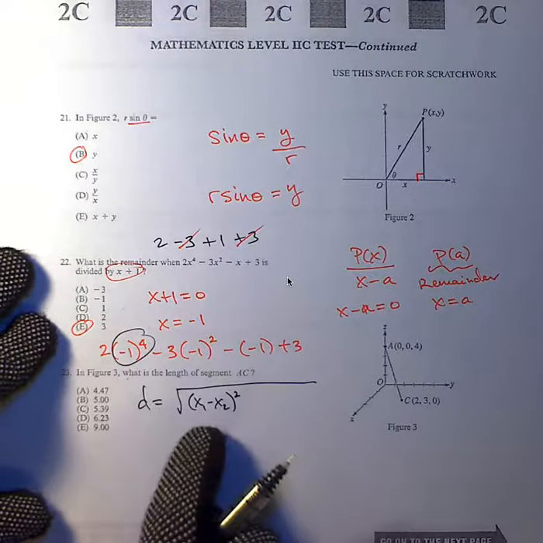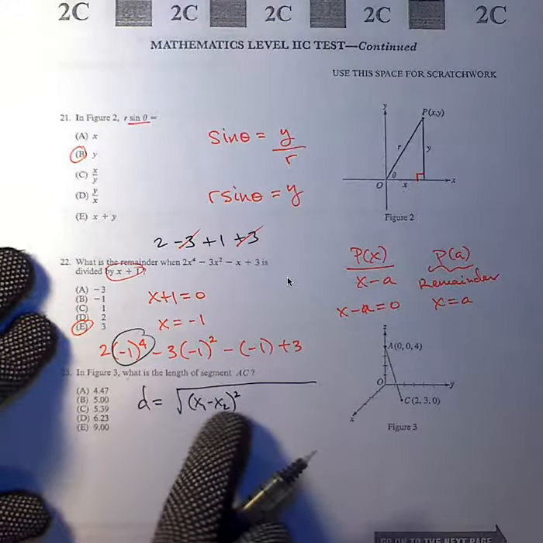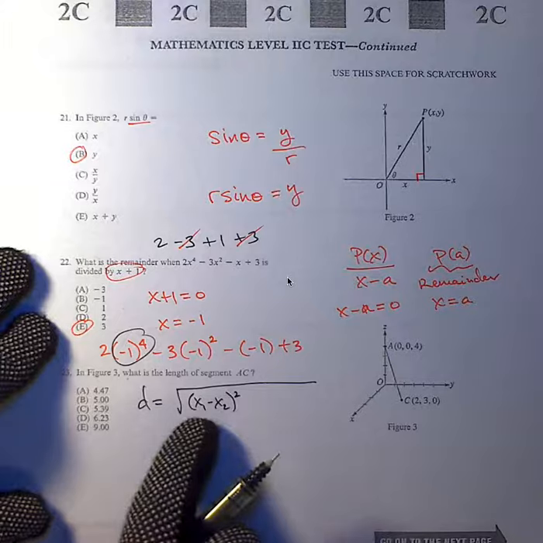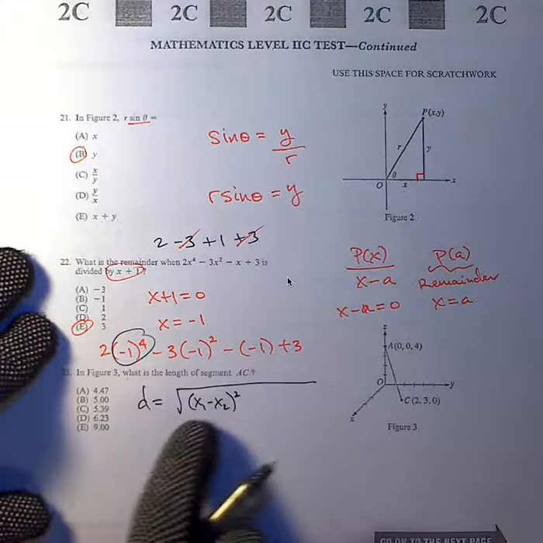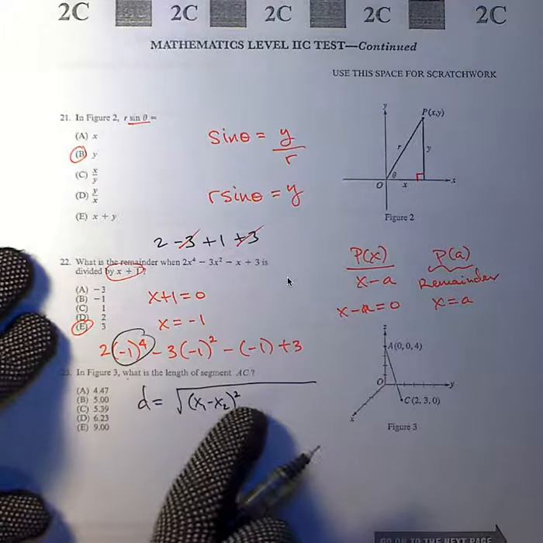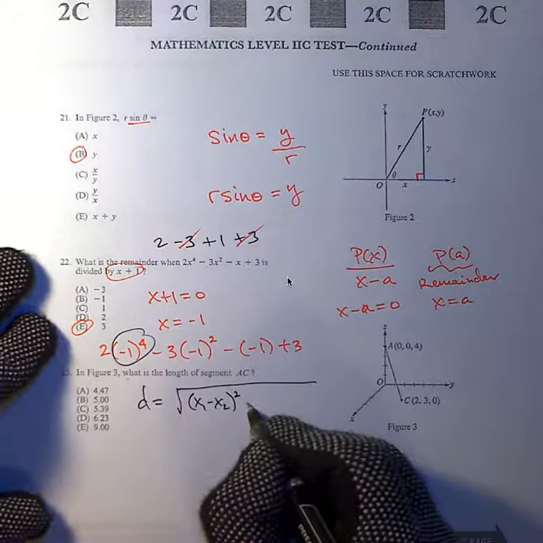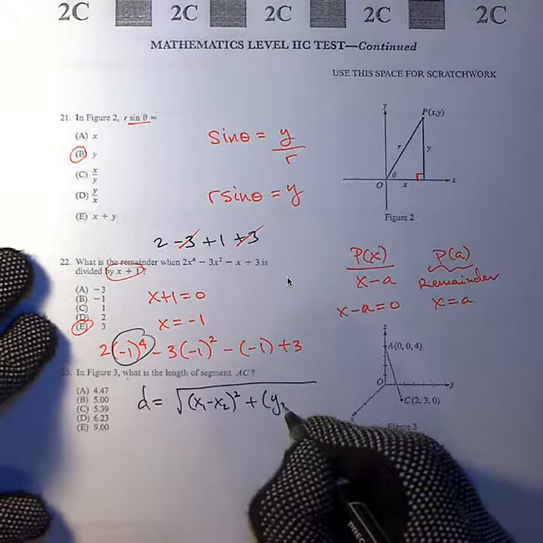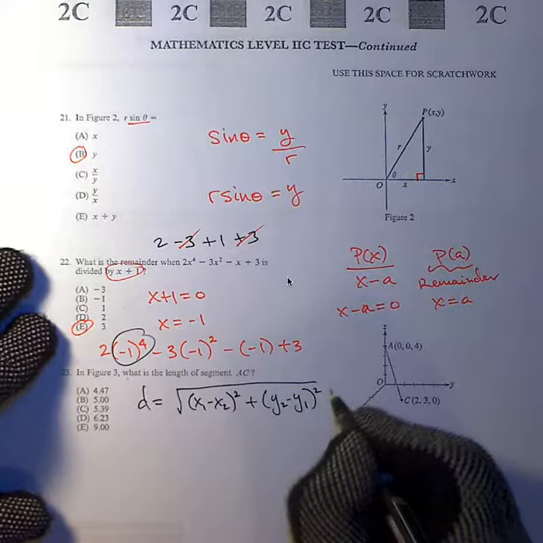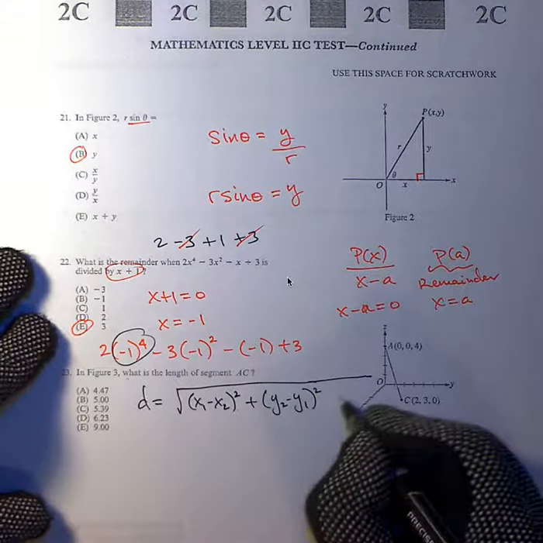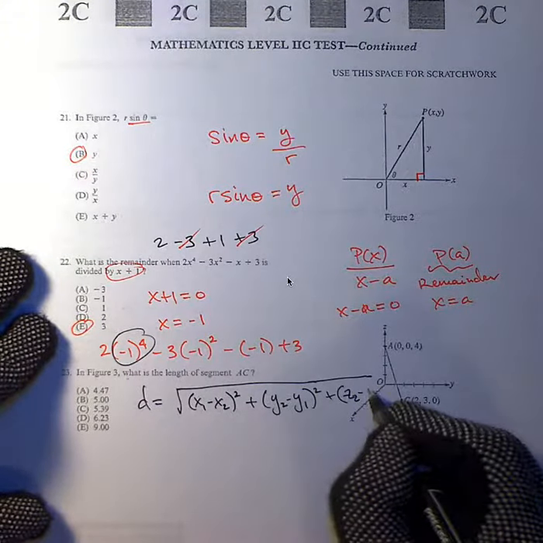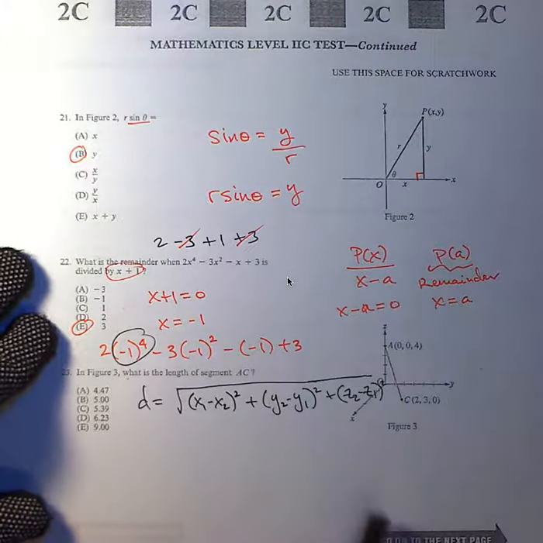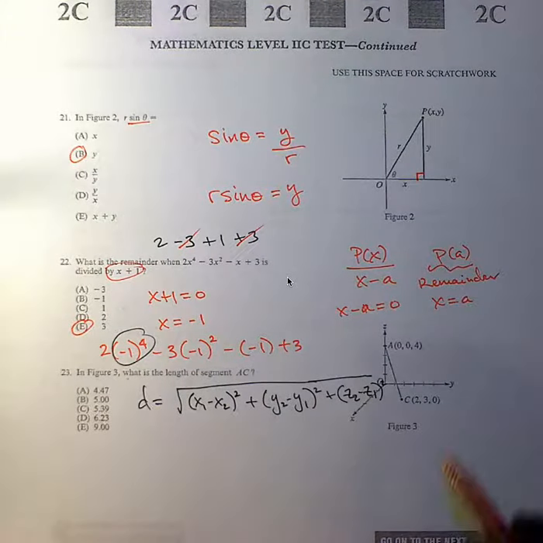And remember, you can do x2 minus x1 squared instead, because x2 minus x1 is the negative of x1 minus x2. As long as you square it, it doesn't make a difference. Now, plus y2 minus y1 squared, and we extend this a little bit and add z2 minus z1 squared. You can label one of the points x1, y1, z1, the other x2, y2, z2, and like I said, it doesn't matter which you label which.